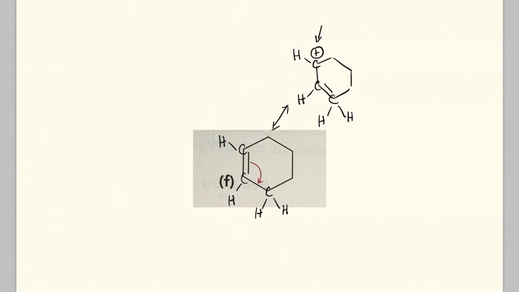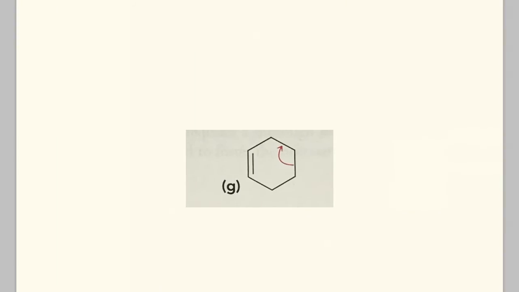So this carbon has 6 electrons, but that's fine even though it violates the octet. What's really bad here is this carbon atom. It has more than 8 electrons, and you can never violate the octet on carbon by having more than 8 electrons on carbon.